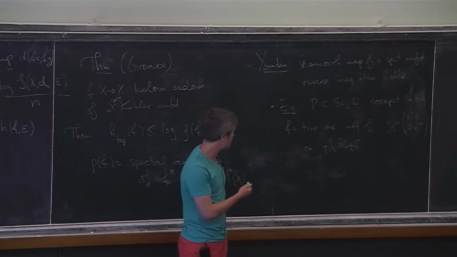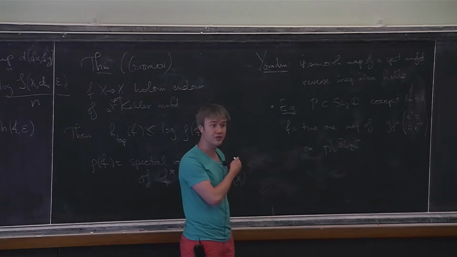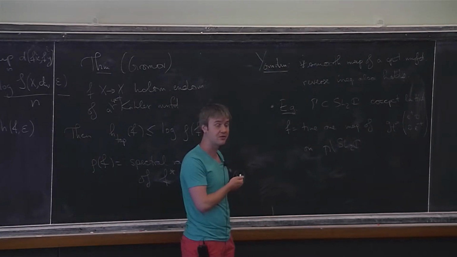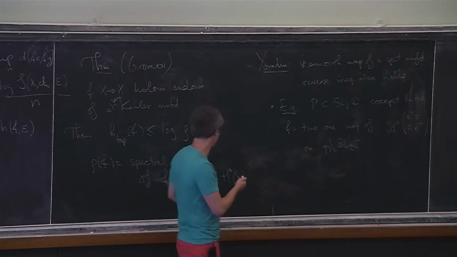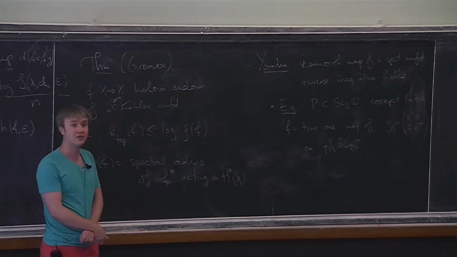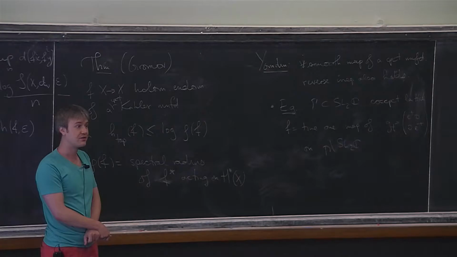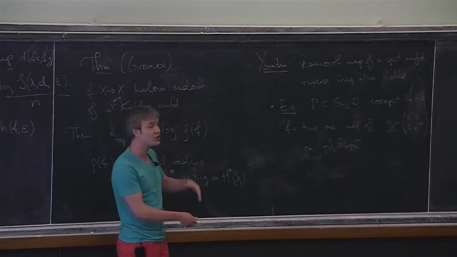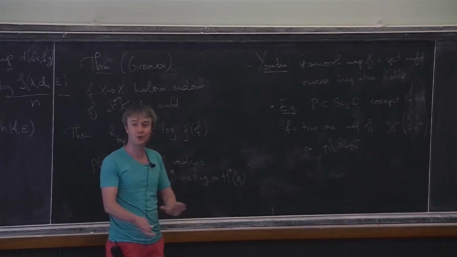And what do you know about the action on cohomology for this map? What's the spectral radius? How does the geodesic flow act on the homology or cohomology?